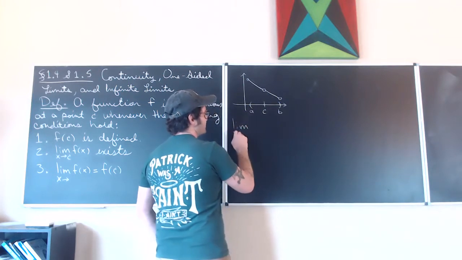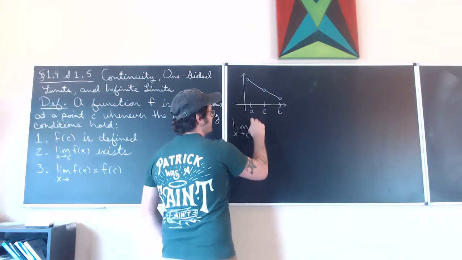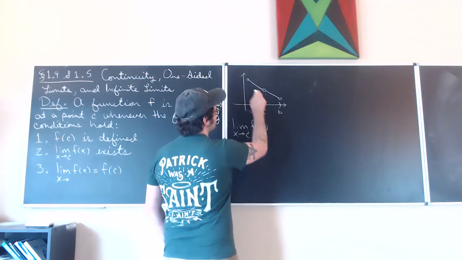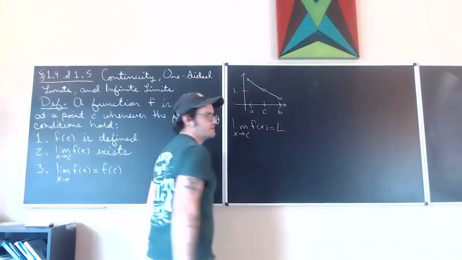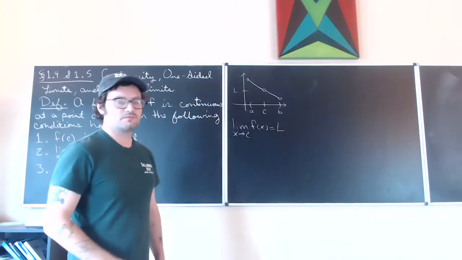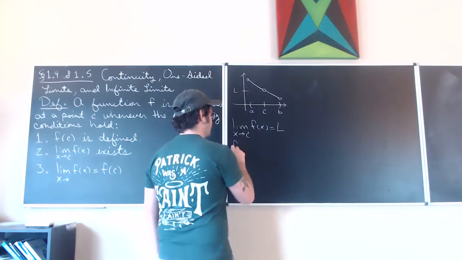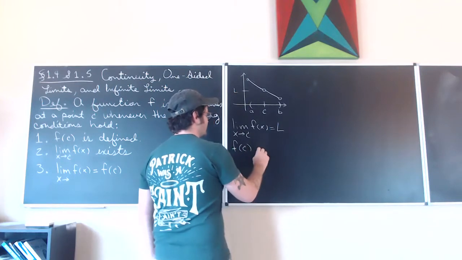The limit as x approaches C of that function, say it's L, does indeed equal L. But f of C does not exist.